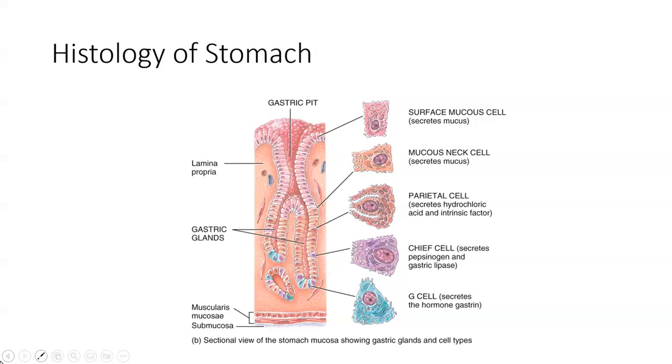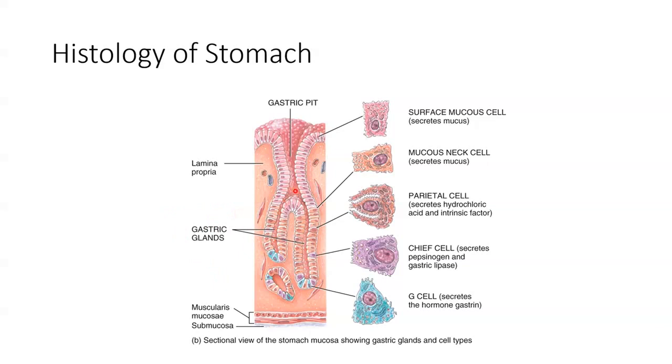So the innermost layer of the mucosa is made up of simple columnar epithelial cells. So one layer of column-shaped cells called surface mucous cells. These surface mucous cells will extend down into the lamina propria, where they form columns of secretory cells called gastric glands.